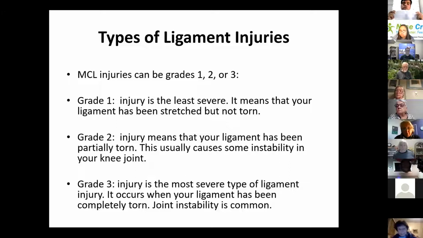Whereas in grade 3, the ligament is torn fully and completely separated. You will feel the instability and the swelling right away, but the pain levels are really low for grade 3. As soon as we find it is a grade 3 level, you need to see the doctor as an emergency, and after that you may need surgery too.